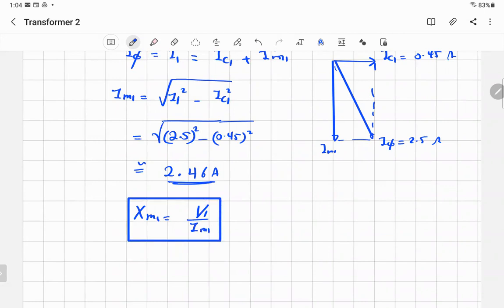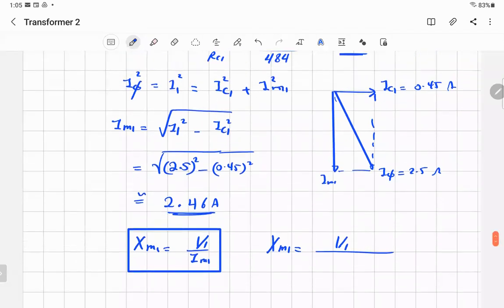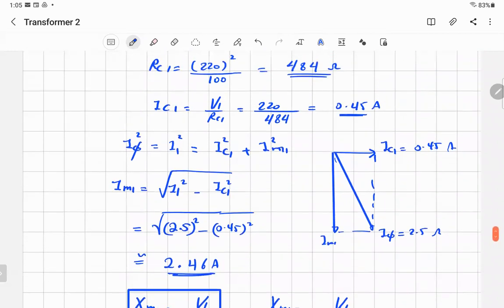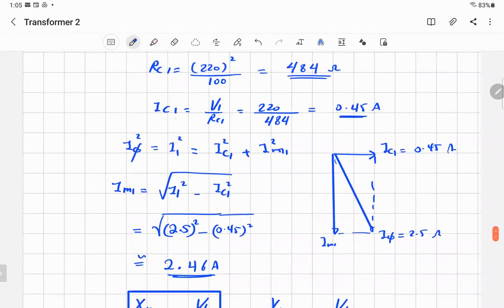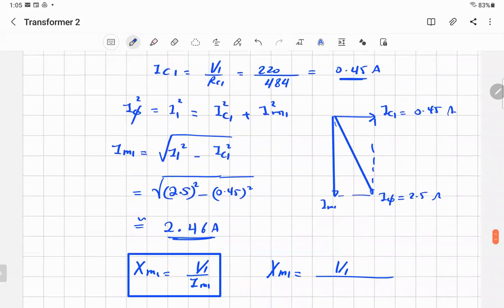If you like to make one formula, just not to go through the steps, you can write it like that. I liked that when I was a student, because I don't like to go through the steps. It's equal to V1 measured. IM1 I didn't measure in the lab, but I measured I1, and IC1 was calculated here, right? It will be a little bit complicated, but if you like, you make the steps.